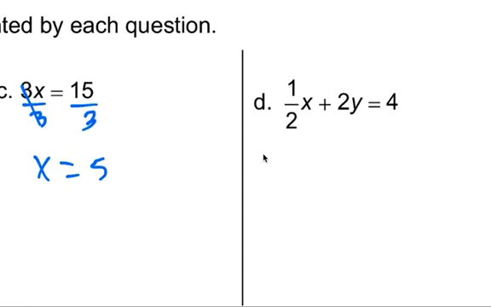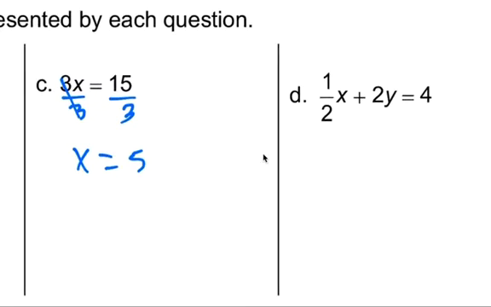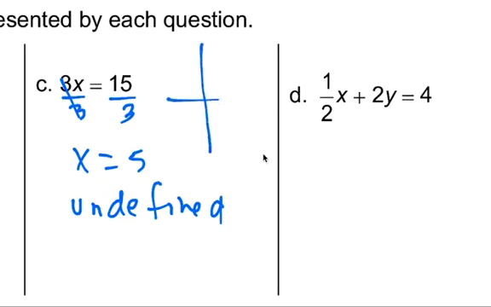It's an undefined slope. So when you graph it, x, y, x is 5, right? Like that. That's an undefined slope.